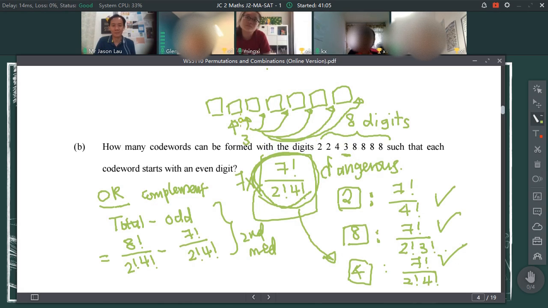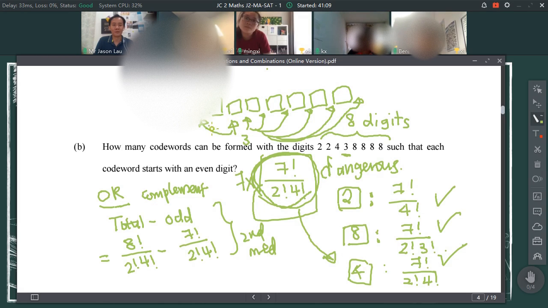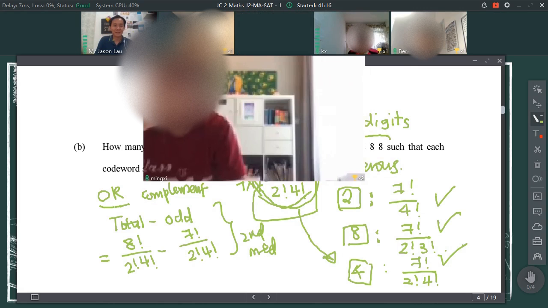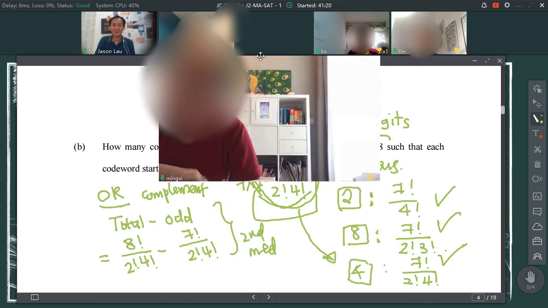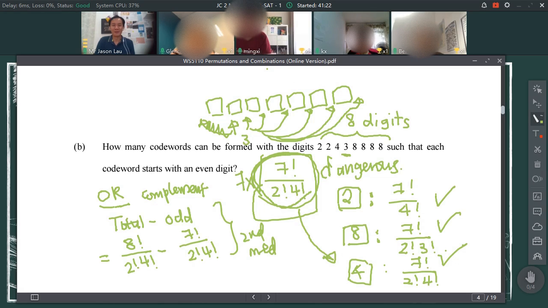But the 3 cannot be slotted into the first place, so it only has 7 other positions. You understand? Mingzi? Hey, you all must let Mingzi talk.